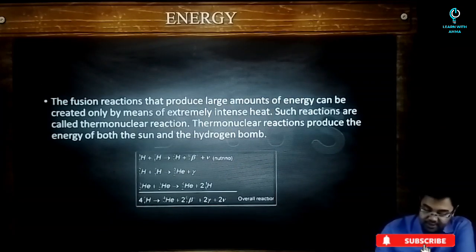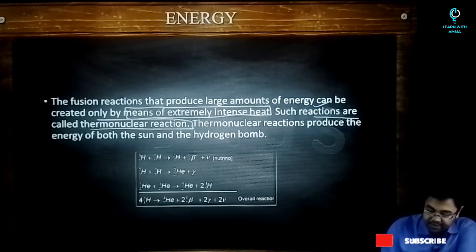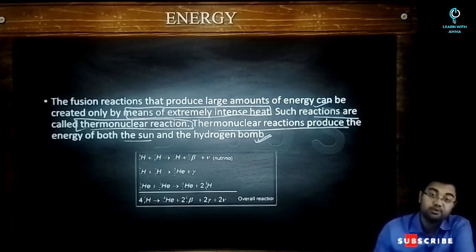Fusion reactions that produce a large amount of energy can be created only by means of extremely intense heat. Such reactions are called thermonuclear reactions, and they produce the energy of both the sun and the hydrogen bomb.